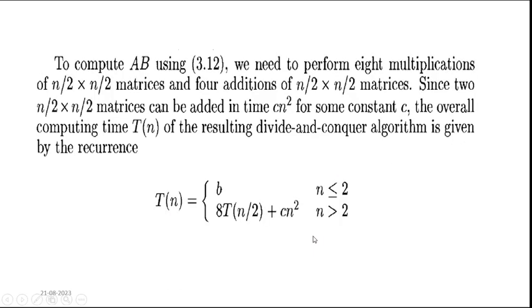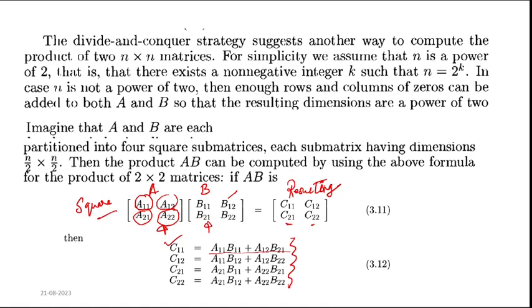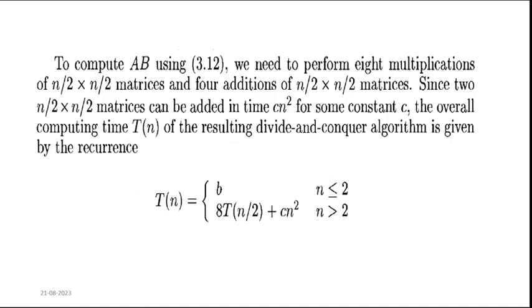So by this process, to compute AB using equation 3.12, we need to perform 8 multiplications. This is one multiplication, second, third, fourth, fifth, sixth, seventh, eighth. 8 multiplications you have to do.